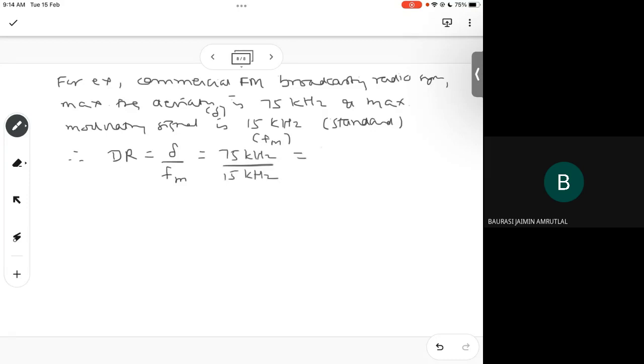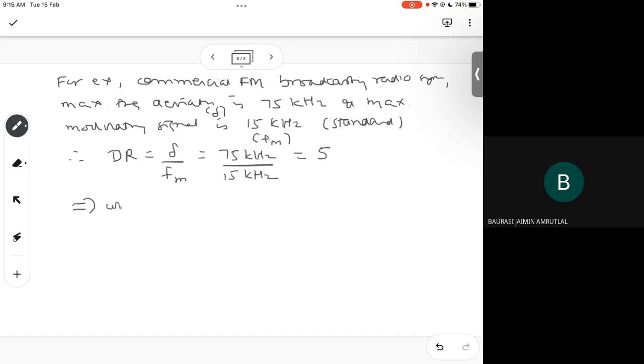That means for the FM radio, your worst case modulation index is 5. That means at this point, your bandwidth is maximum, and after that there is no further increase in the bandwidth. This is just an example.